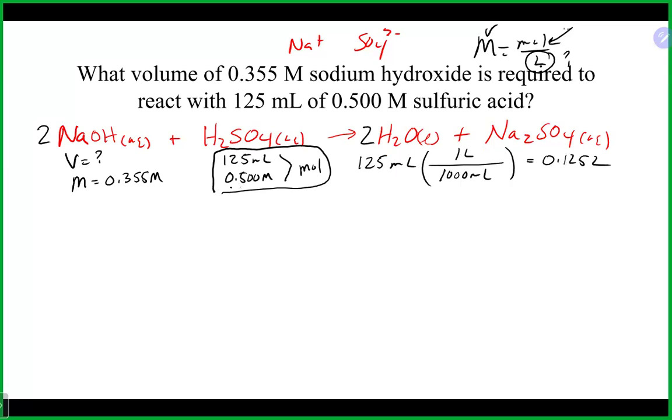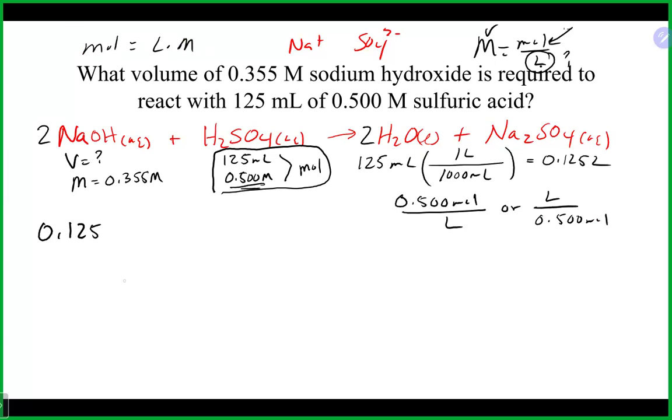We could also use our molarity really as a conversion factor, as we talked about. That is basically 0.5 moles per liter. Or if you needed to, you could flip it the other way when you're doing a dimensional analysis calculation. So here we will start with the liters because we're ultimately looking for moles.